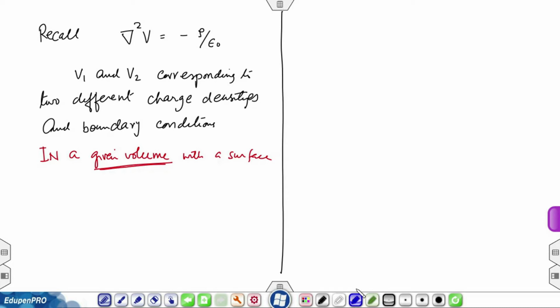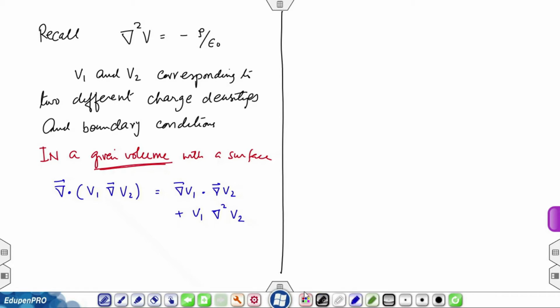So, let us see what the equation is. If I take the divergence of V 1 grad of V 2, this will be equal to grad V 1 dot grad V 2 plus V 1 grad square V 2.